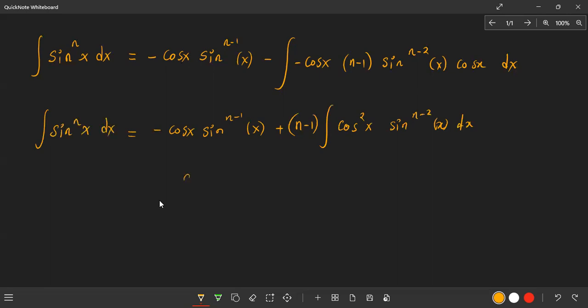Just remember that cos squared x plus sine squared x is equal to 1. So I have to make cos squared x the subject. So cos squared x is equal to 1 minus sine squared x. This is what I want to replace here.